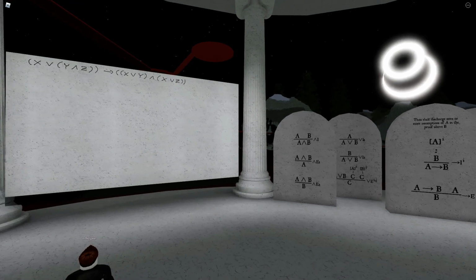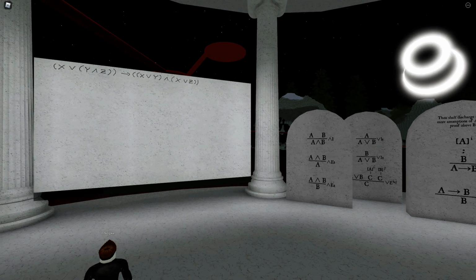And so we want to show that x or (y and z) implies (x or y) and (x or z). So he says the argument runs as follows. Suppose that either x or (y and z) holds. So the key word here is supposition.